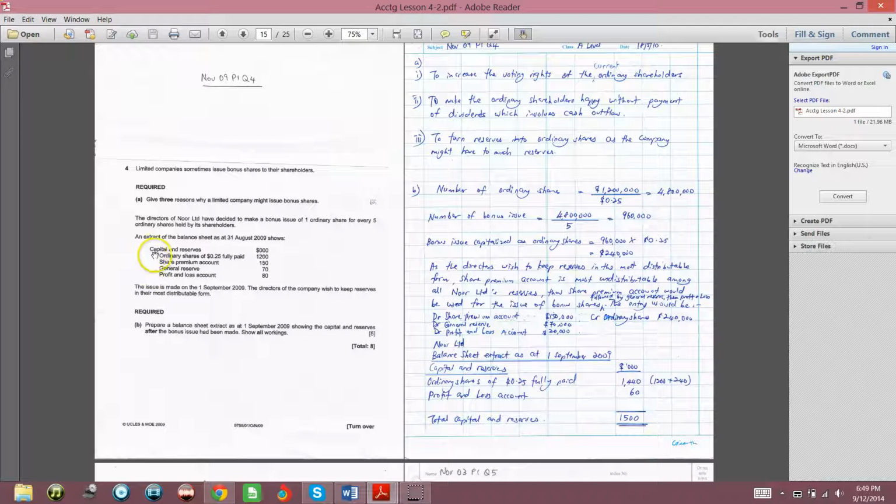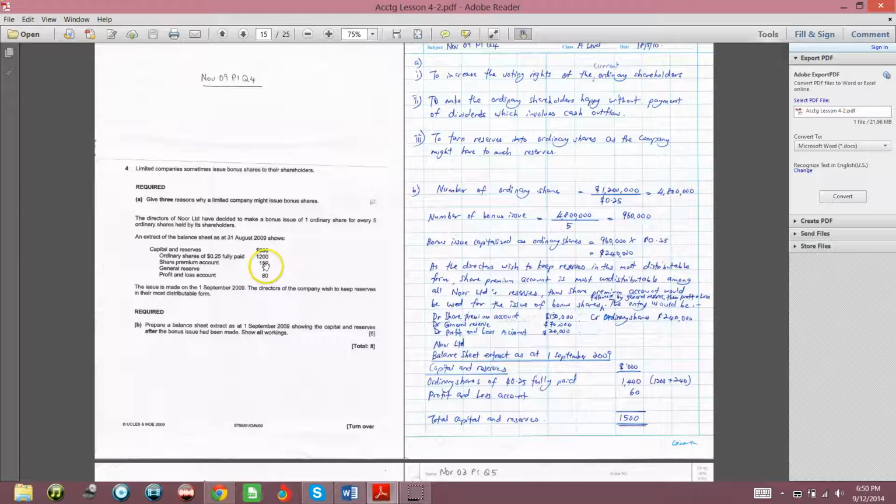As you go up, it gets more and more undistributable. What does this mean? Ordinary share is the most undistributable because the company cannot buy back its own shares. Once you are an ordinary shareholder, your money gets stuck here. If you don't want the ordinary share, you can only sell to other people. You cannot sell back to the company.